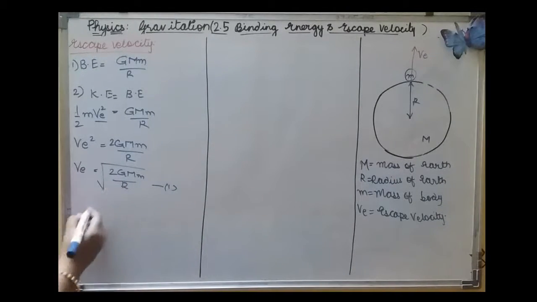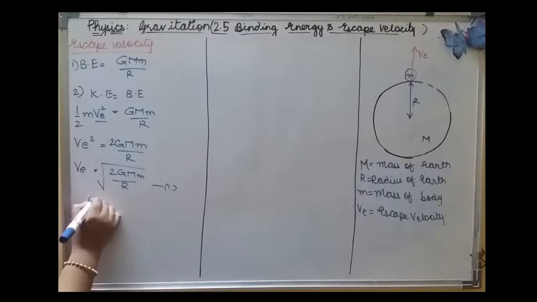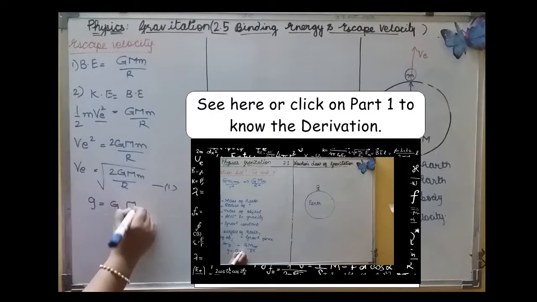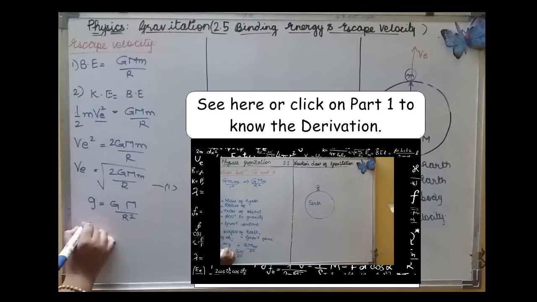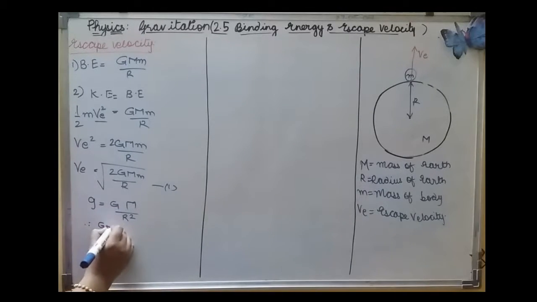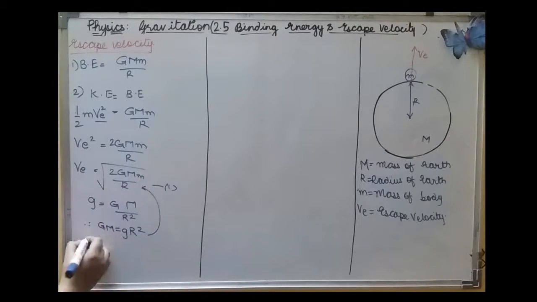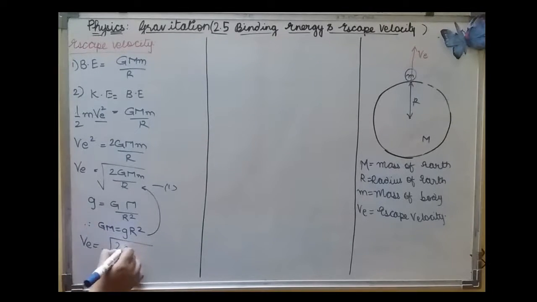Equation number 1. But we know that g is equal to GM upon R square. Therefore, GM is equal to gR square. Correct? We will substitute this here. Escape velocity is equal to under root of 2 gR square upon R. One R and one R get cancelled.